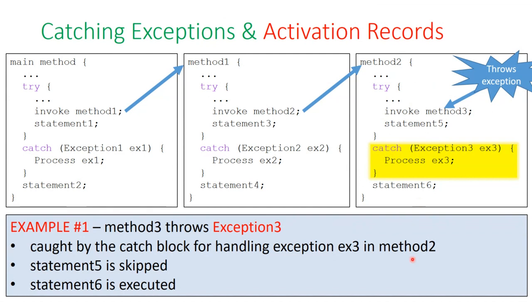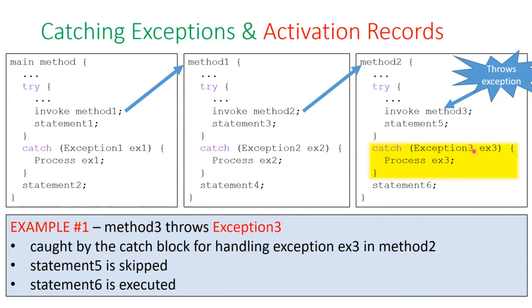There can be several catch blocks, and I'm going to explore them in the order they are written until I find one that matches the exception that was raised. Exception 3 was the one that was raised. Well, look here, this is exception 3 that we expect in that first catch block. So, direct match, first time around.